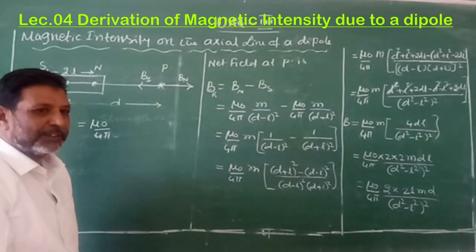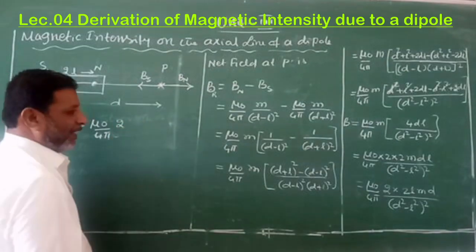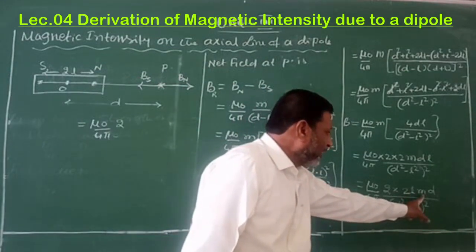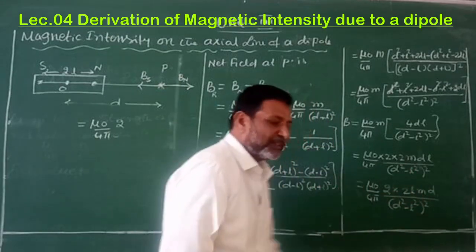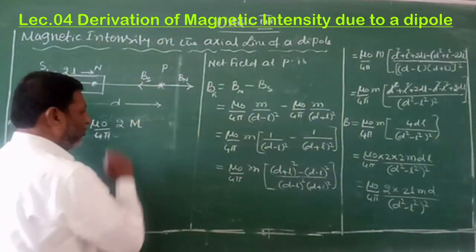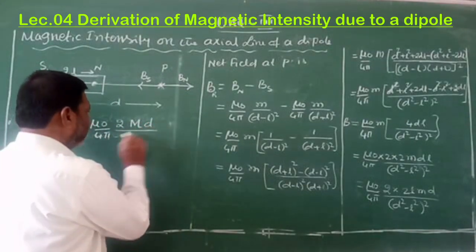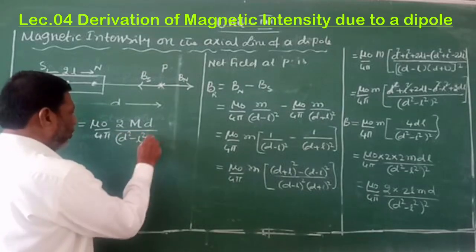Then next is 2L into m, the product of pole strength and magnetic length, which is nothing but the magnetic moment, so I will write it as capital M. Then into d divided by (d square minus l square) whole square.